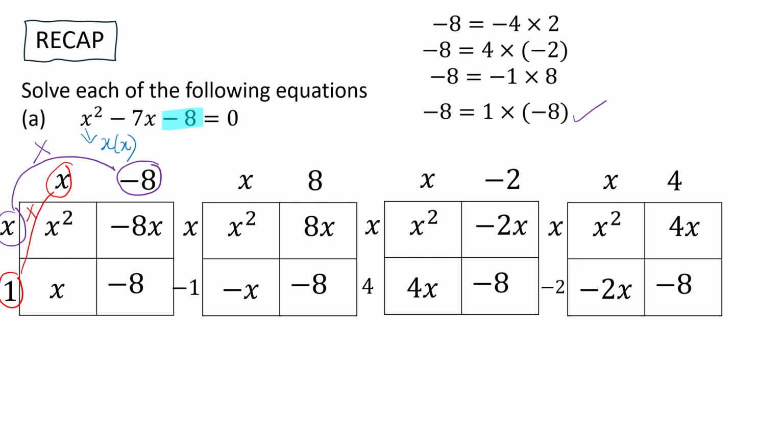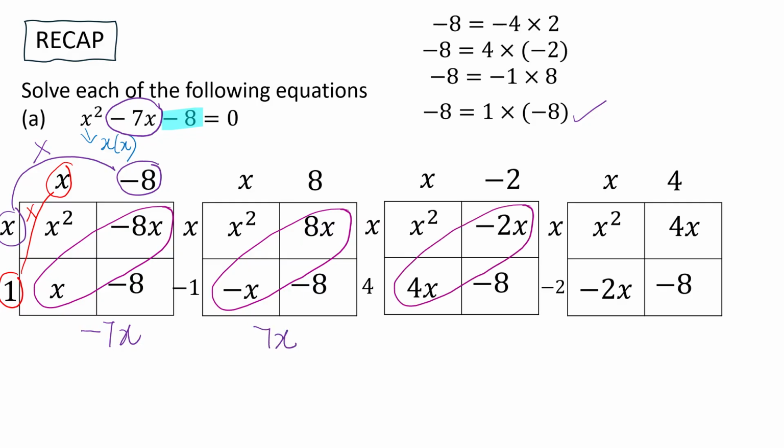To get the correct answer, the key concept here is the one that I highlighted for you. You need to find the value for those two terms there, because the value for the two terms will give you the answer for the middle term in the quadratic expression. So for the first example, x minus 8x gives you negative 7x. For the second one, 8x minus x will give you 7x.